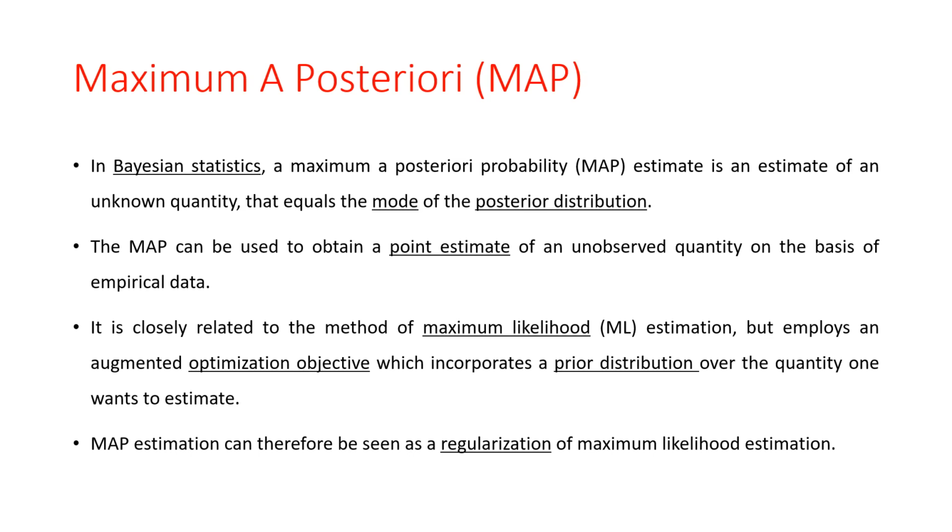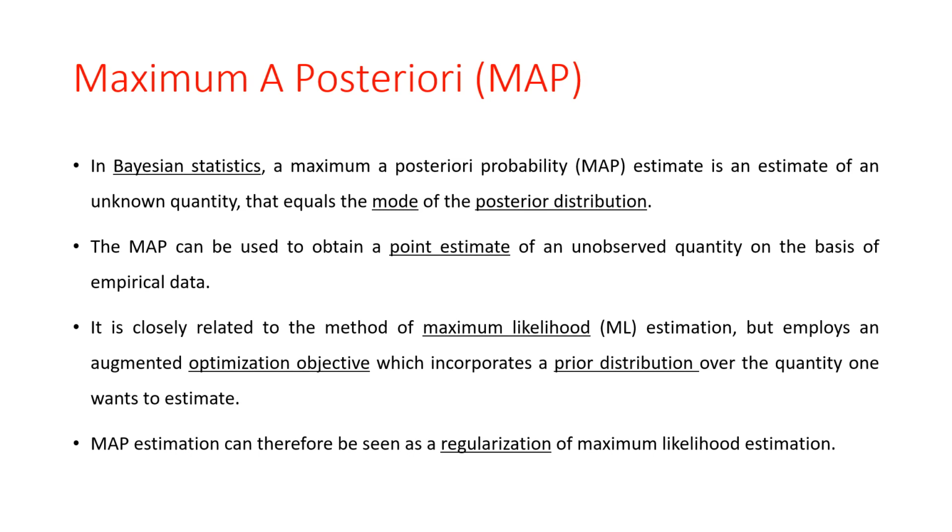It is closely related to the method of maximum likelihood estimation, but employs an augmented optimization objective which incorporates a prior distribution over the quantity one wants to estimate. MAP estimation can therefore be seen as a regularization of maximum likelihood estimation.